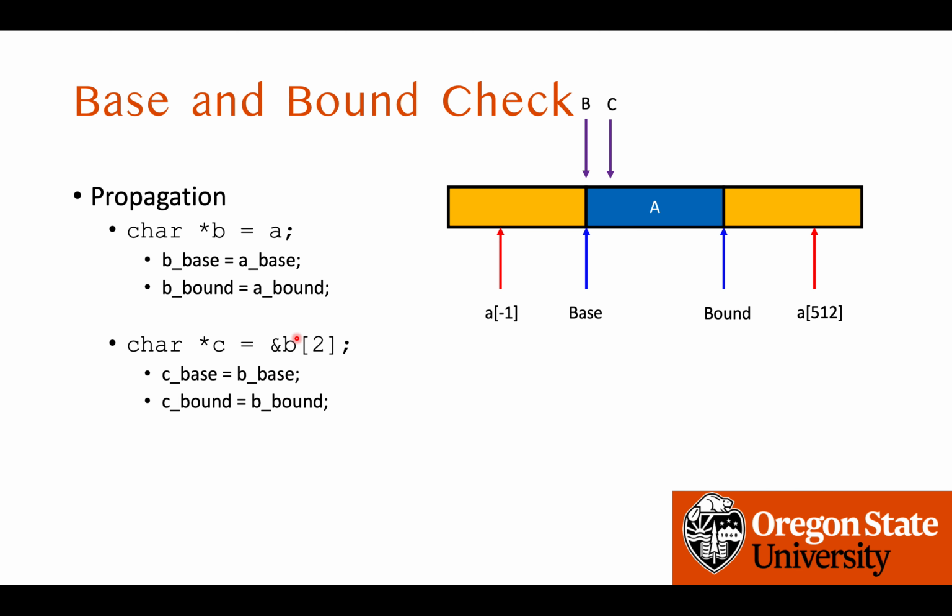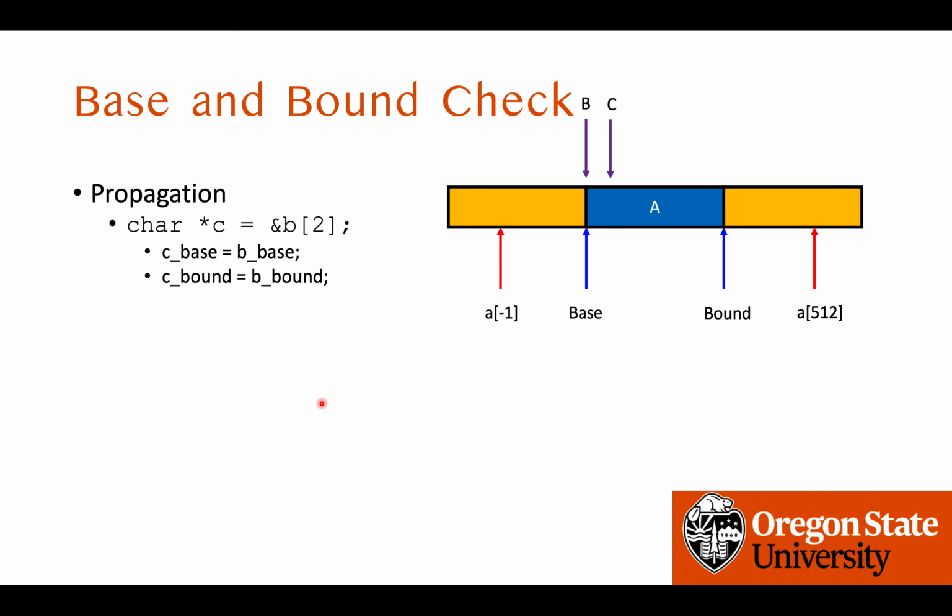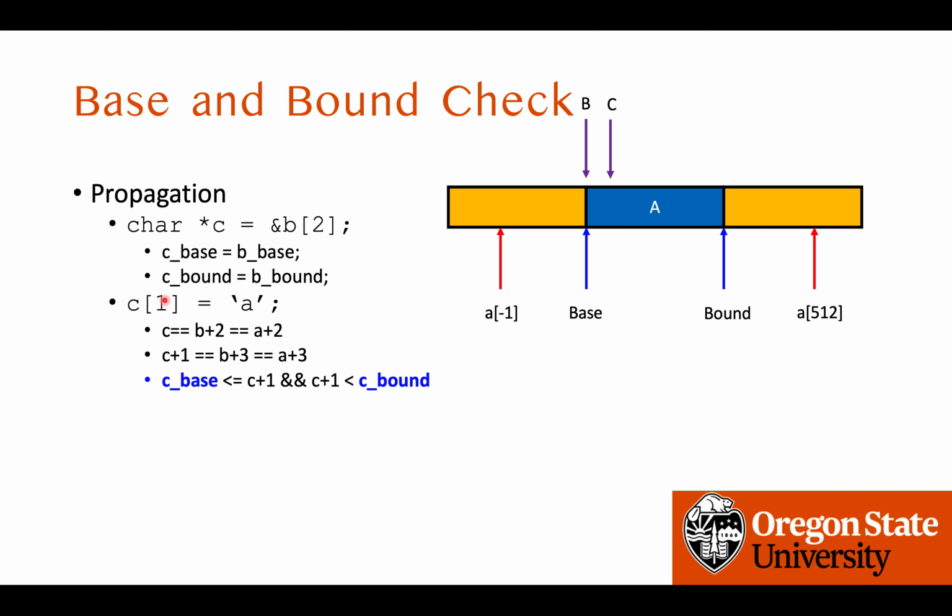And even if we apply the pointer arithmetic, the base and bound will stay the same because it will point to the allocation base and bound. So the pointer arithmetic does nothing with the memory allocation adjustments, so we will just pass the same base and bound. Then if we access C index 1, so now C points to B plus 2, so maybe somewhere here.